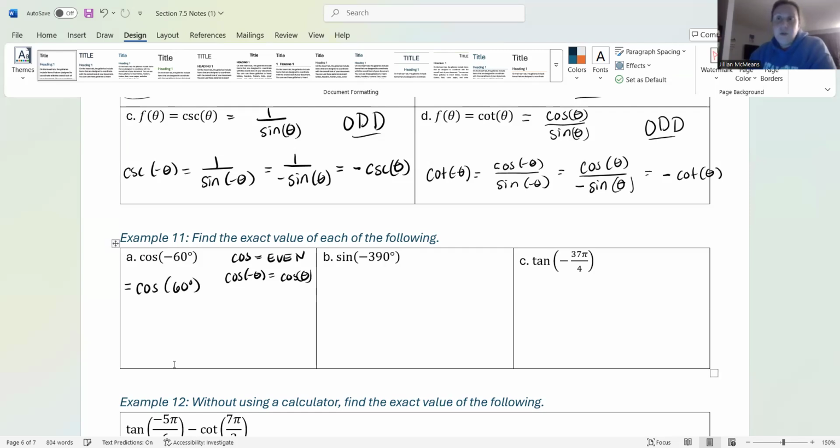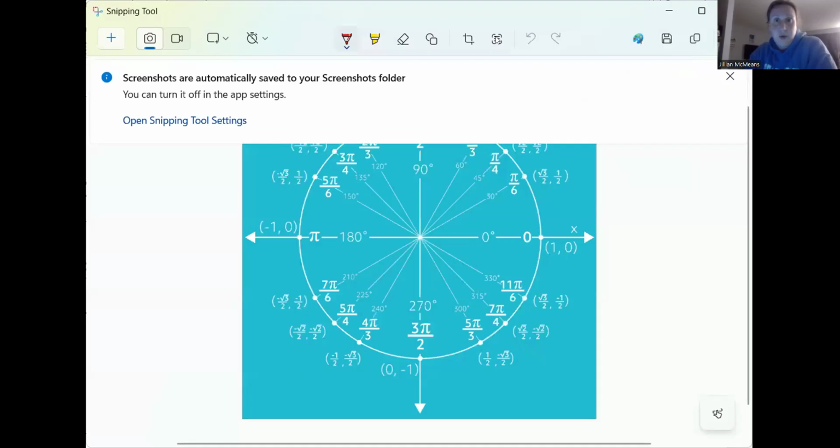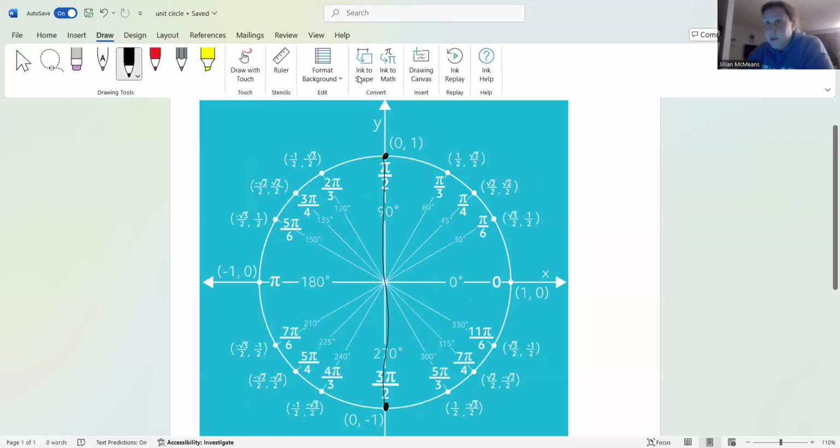If we go to a unit circle, hopefully you're getting to the point where you're remembering some of the values on the unit circle, but it's brand new to us, so we can peek at one. We're looking for cosine of 60 degrees.